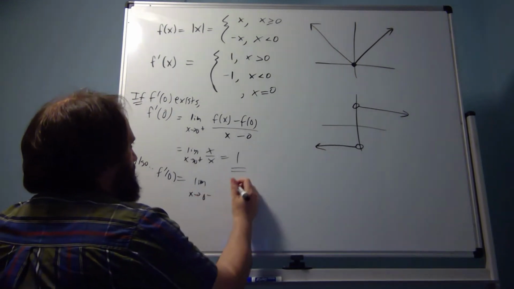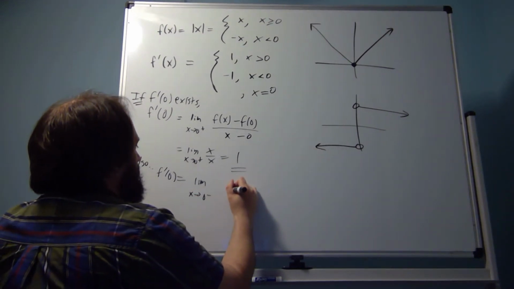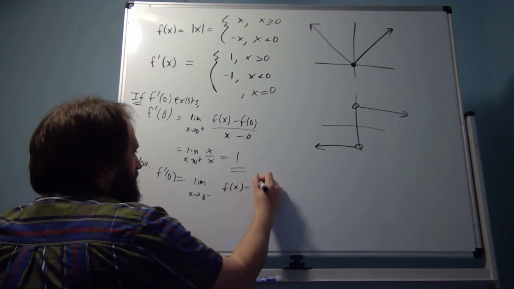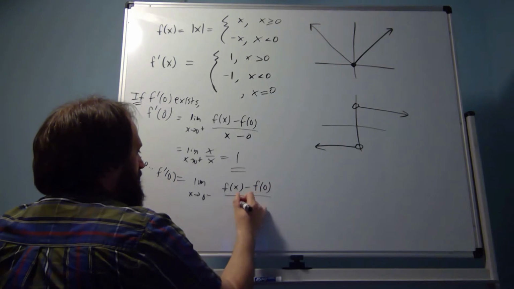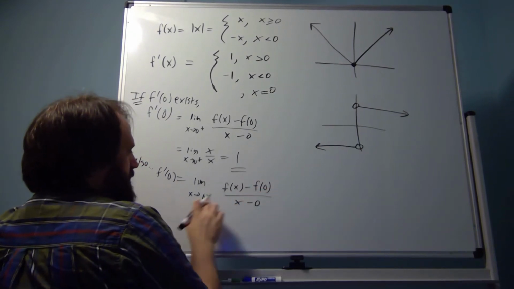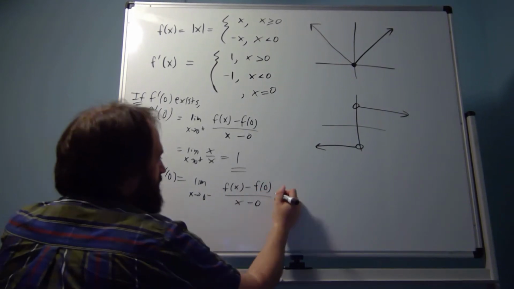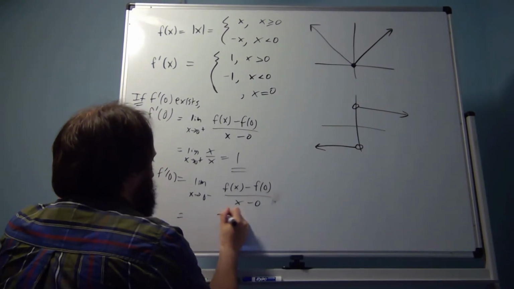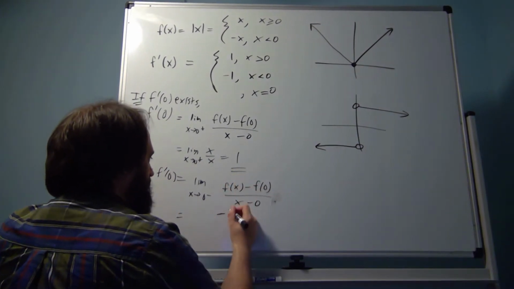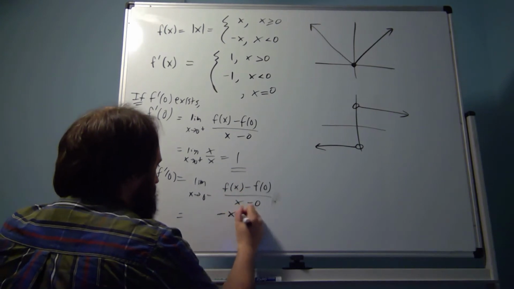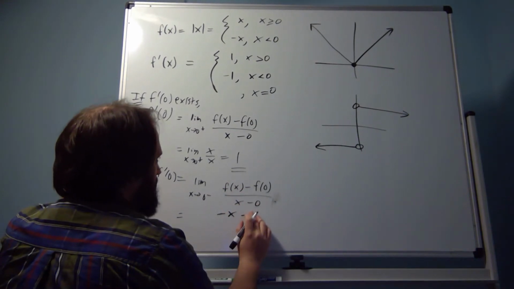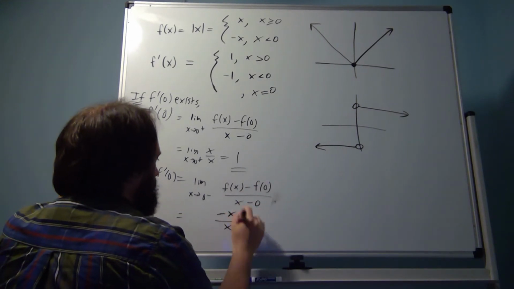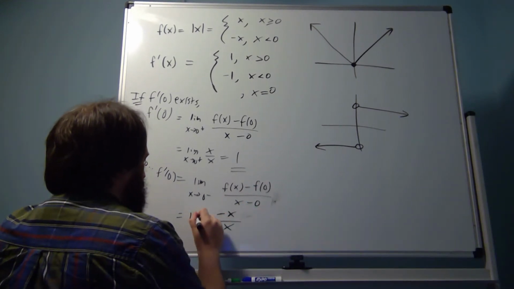But on the other hand, we get this. If x approaches 0 from the left, then consider the limit as x approaches 0 from the left of that same difference quotient. Well, for the absolute value function, if we sample x values that are negative, then the absolute value of a negative number is the negative of that. So it's just minus x, and the denominator is still just plain old x.